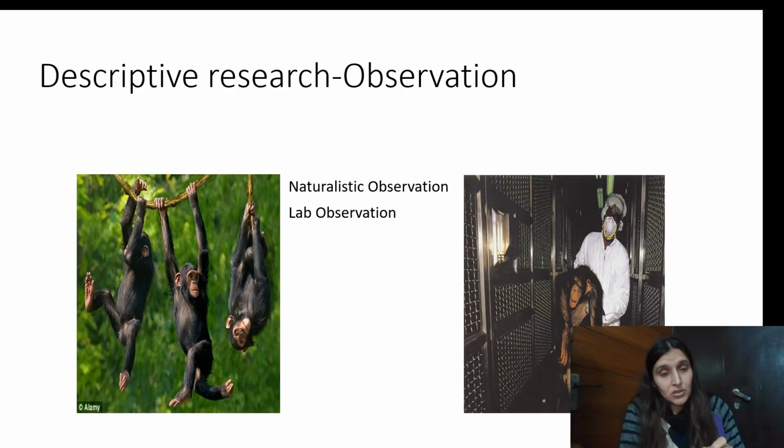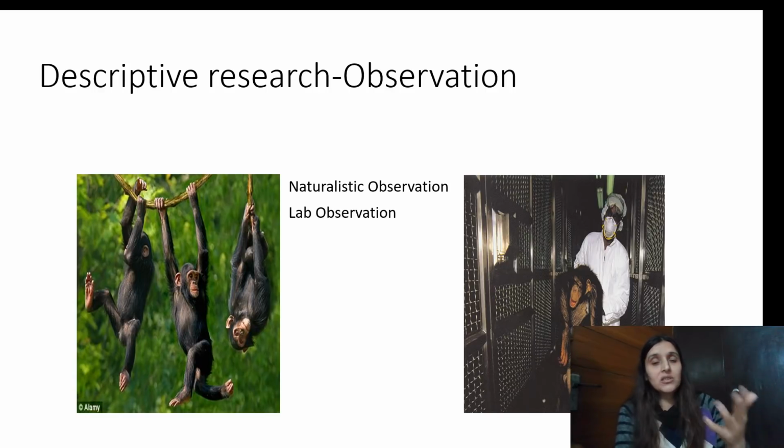Another example of observation is when you are, suppose, measuring the average height of a person. If you're standing at a particular place, say in Ludhiana, a city in India, and you're observing the heights of those people, you're not going and asking them in a survey, you're just observing.